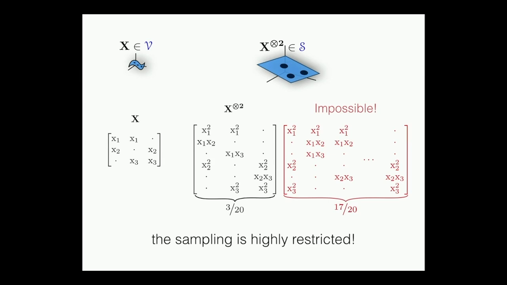There are 20 in this case, missing 3 out of every column. 17 of those 20 are never ones that we can generate through this tensorization process. They'll just never turn up because of this deterministic mapping in terms of where things are missing in the original and the quadratic representation. So the sampling is really restricted. It's not just a missing at random kind of setup. And so that makes it difficult to even say whether this will work or not.